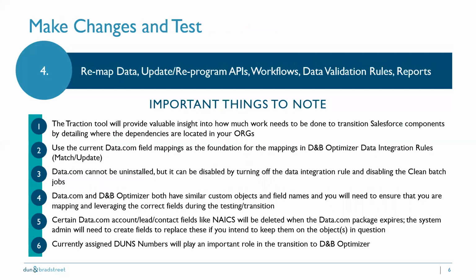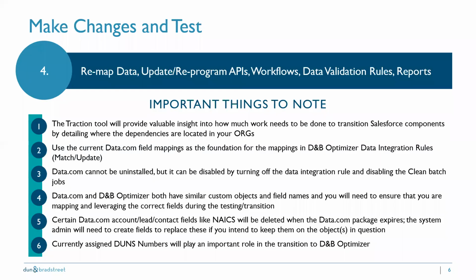And number 4, we're going to talk about making changes and testing. And again, it sounds very basic, but I want to walk through each of these components because from a technical lens, we know some things that are very important in your transition. And of course, now that you've had the opportunity to evaluate what's in your data.com org, if you ran the tool, it would give you some insight in terms of where the metadata is associated.